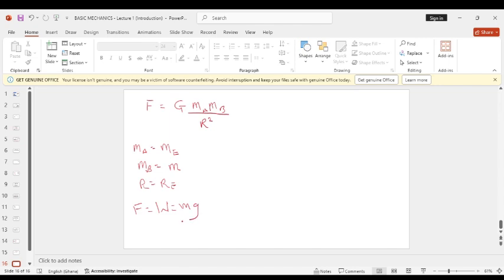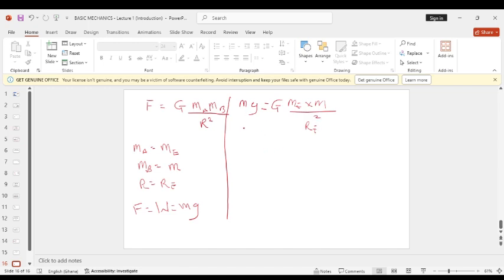So doing our substitution, we get mg is equal to capital G times ME times m, all divided by RE squared.